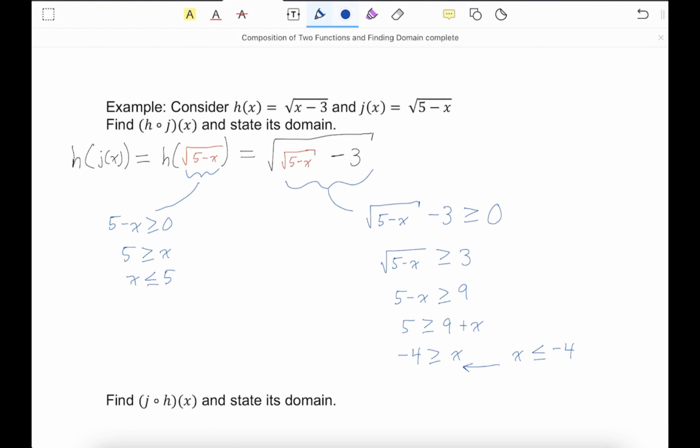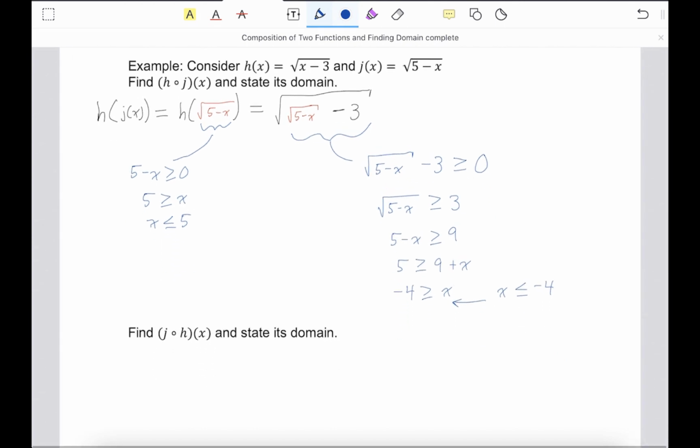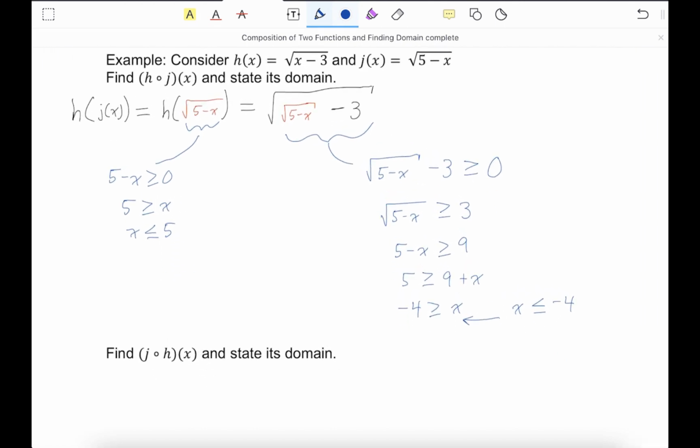And we just take this last one as our domain restriction. We can think of this as the intersection of these two intervals. And that's just where they overlap, and they're overlapping from negative infinity to negative 4. So domain is this. We can include negative 4 in our domain.